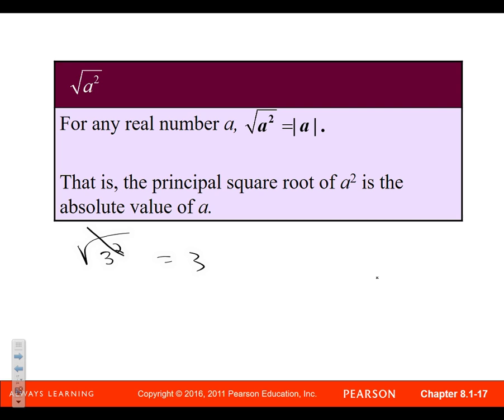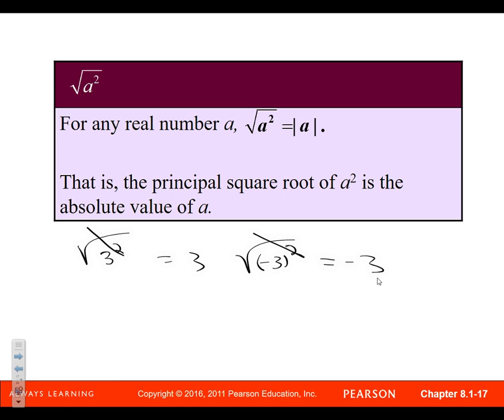Agree? So if I took this and we followed that same idea, that's just negative 3. You'd be wrong in this case.